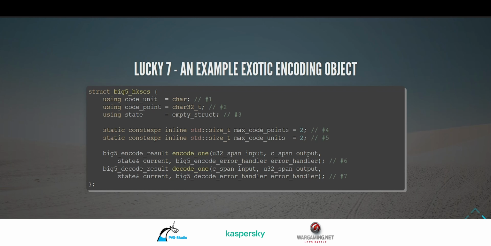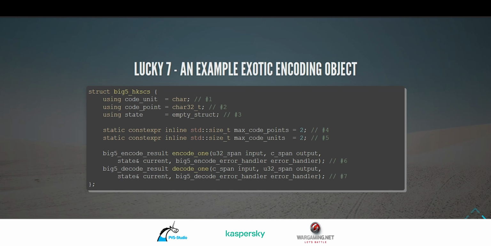And then you have an encode 1 and a decode 1 that take in the inputs and write the outputs. You have the state, obviously, which in this case is an empty struct because there's no shift state for Big5. And you have your error handlers for the encode and the decode.